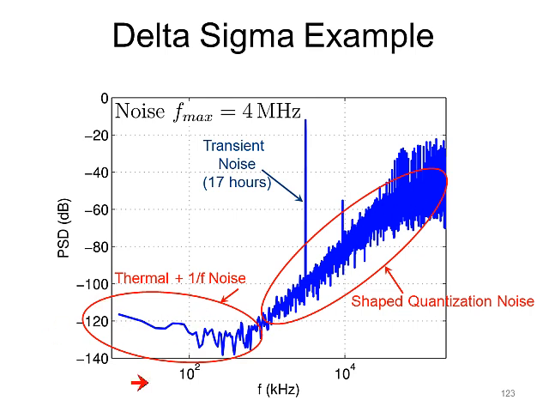There is also shaped quantization noise, which in the signal band is much lower than these noise sources. I have deliberately put the input frequency outside the signal band so as to be able to get good visibility on the in-band spectrum. And as you can see, this takes a while. This particular simulation took 17 hours to run.